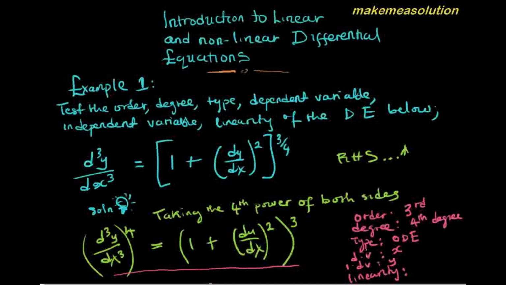Then we can judge that this differential equation is not linear, simply because the derivative terms have powers other than 1. Is that okay? Take note, I'm going to be using the words power and degree. So this is not linear. So this is for example 1.